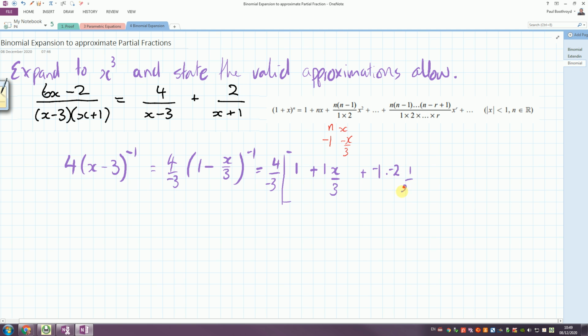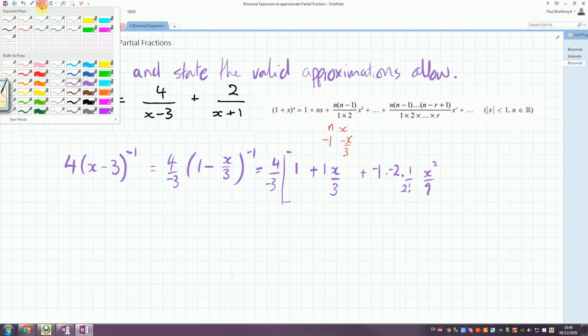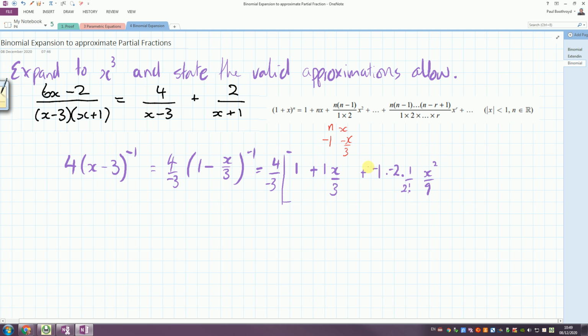So we've got 1 over 2 factorial. The x squared is going to be x squared over 9, and the minus disappears in this case. The 2 factorial cancels.